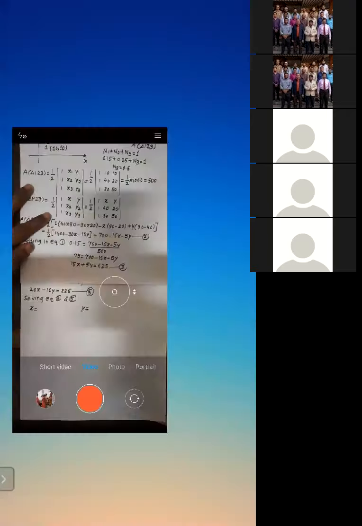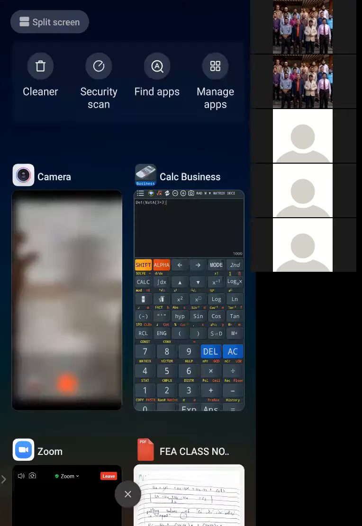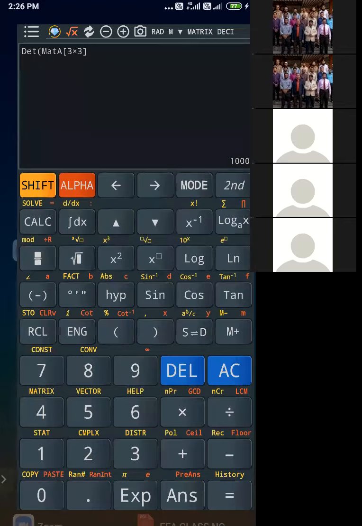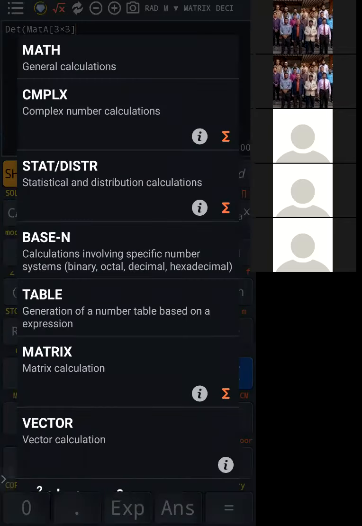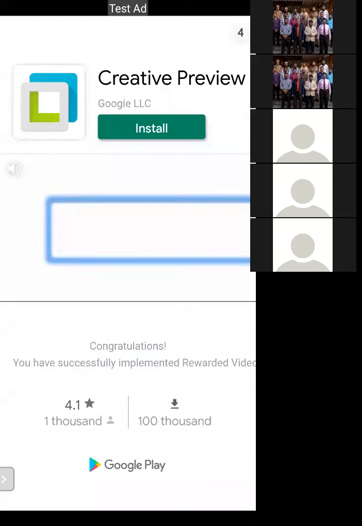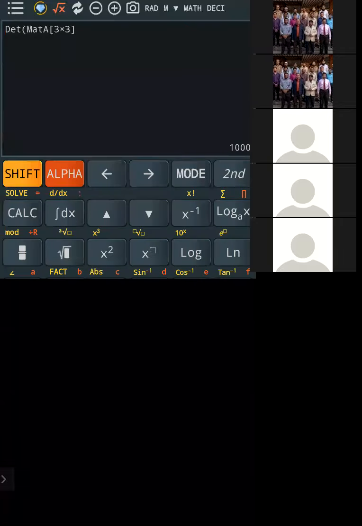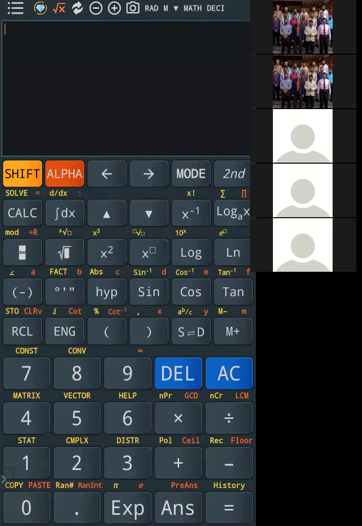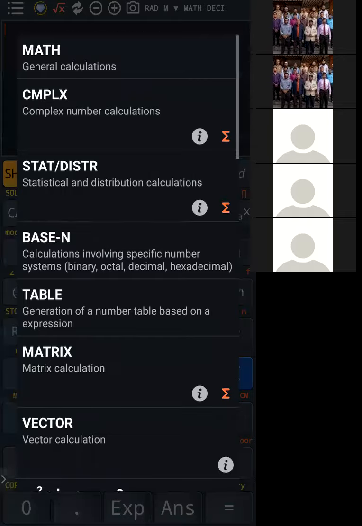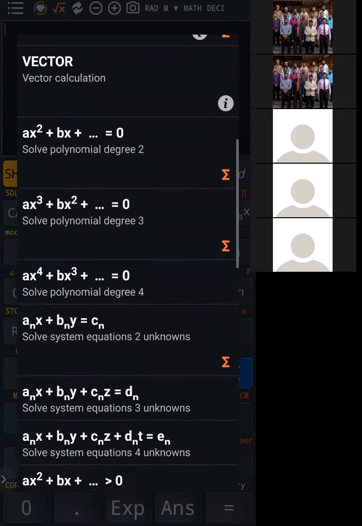Okay, all of you know how to do that, right? See, initially your calci was in matrix mode, so make it maths mode, right? Now you go to mode. We need to solve the equations with two unknowns.